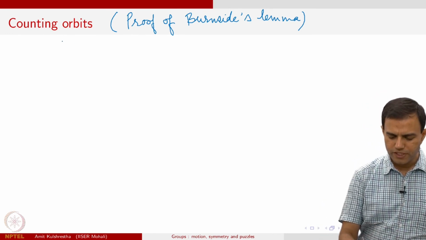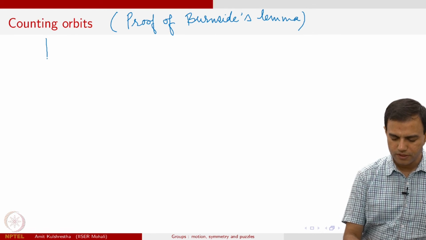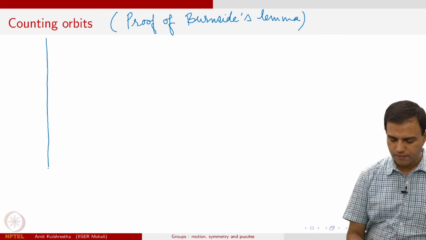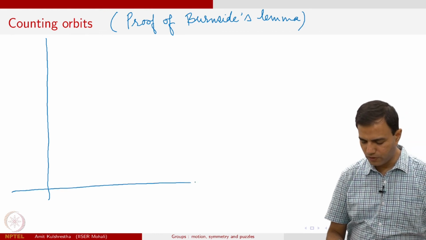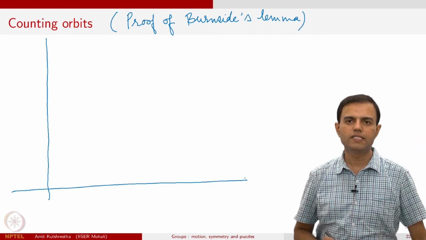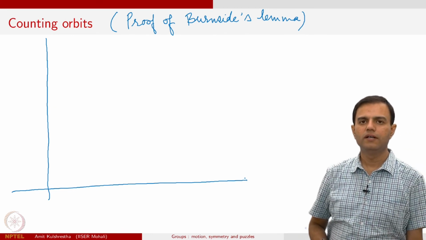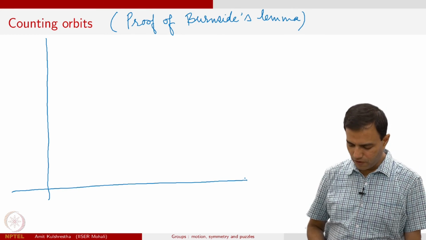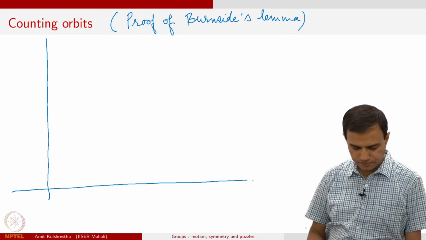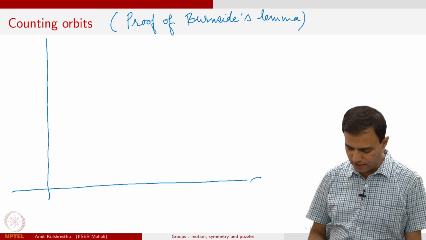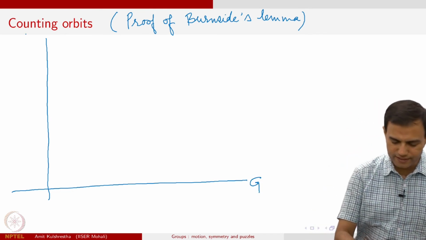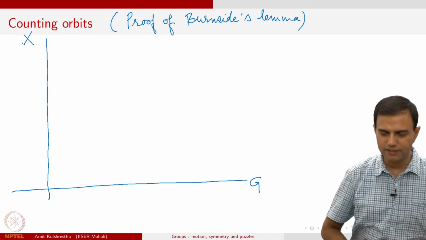So we have to have some imagination. Let's do this. I am asking all the elements of the group and all the elements of the set to be expressed here in a Cartesian format. So let me take this as G axis, this as X axis.